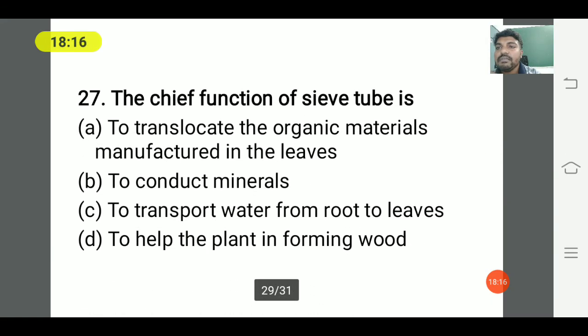27. The chief function of a sieve tube is: A, translocate organic materials manufactured in the leaves; B, conduct minerals; C, transport water from root to leaves to help the plant form wood. Since the sieve tube is a part of phloem, it only transports food materials.